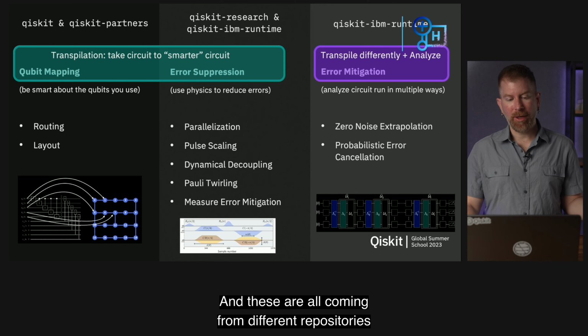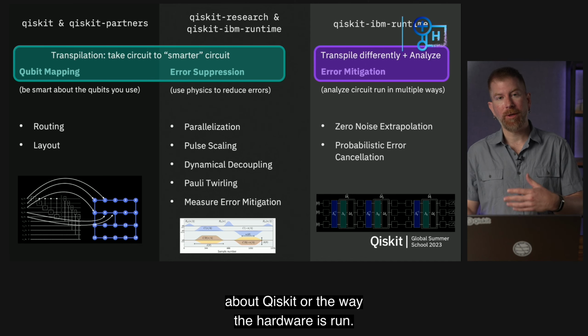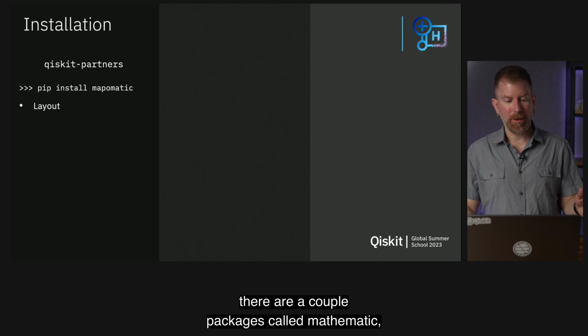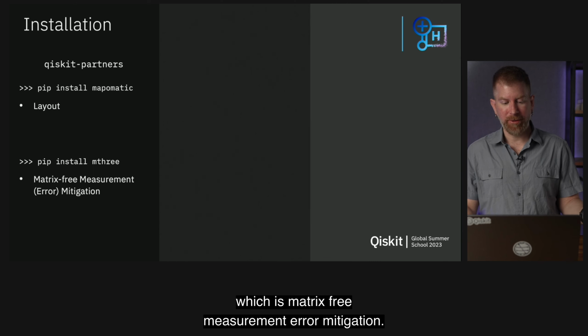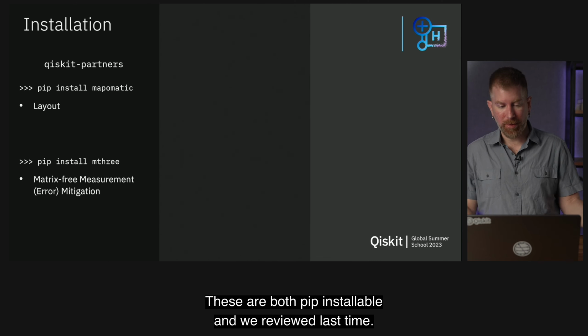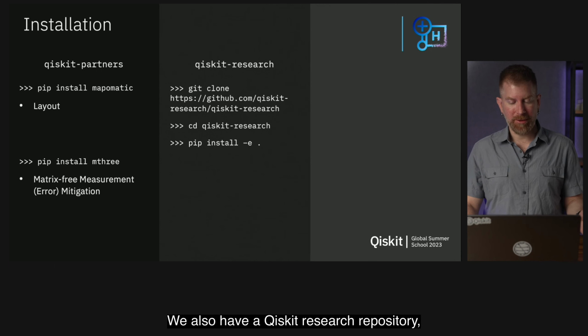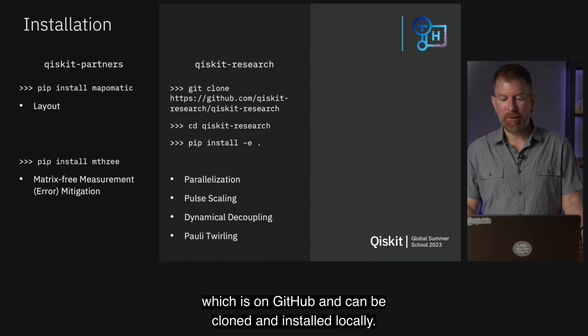And these are all coming from different repositories because a lot of them have to do with very specific things about Qiskit or the way the hardware is run. So for example, there are a couple packages called Mapomatic we'll use for layout from Qiskit Partners, and M3, which is matrix-free measurement error mitigation. These are both pip installable, and we reviewed last time. We also have a Qiskit research repository, which is on GitHub and can be cloned and installed locally.